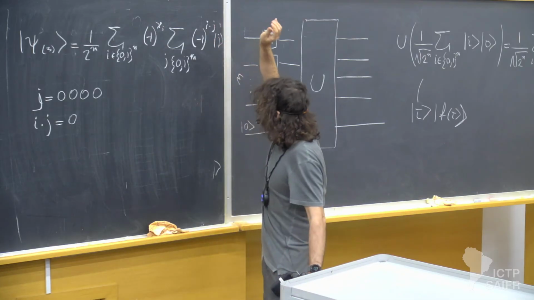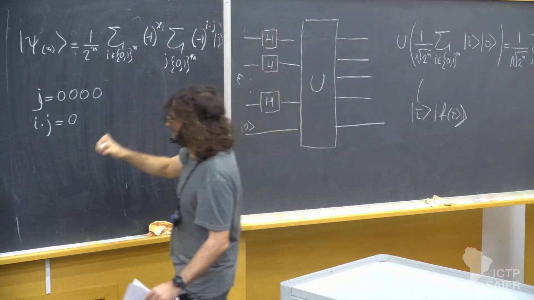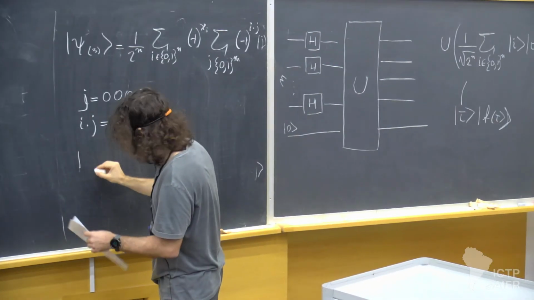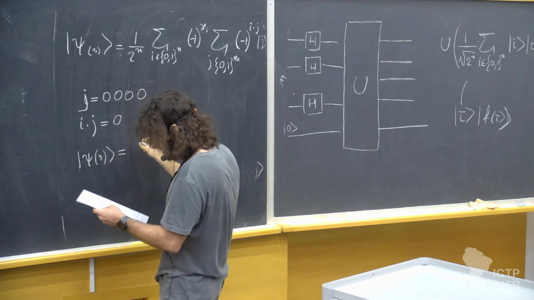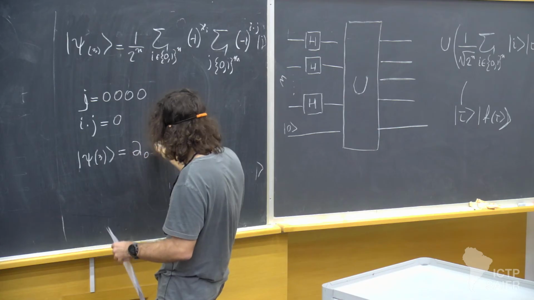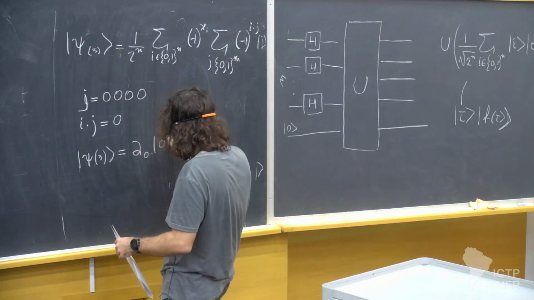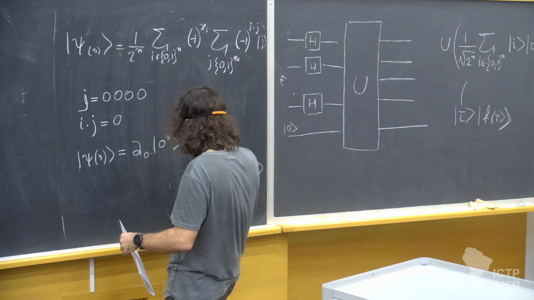So the final state, psi 3, can of course be written like a coefficient alpha_0 times |0>^n plus other stuff.